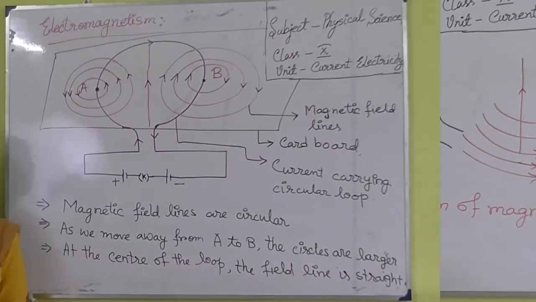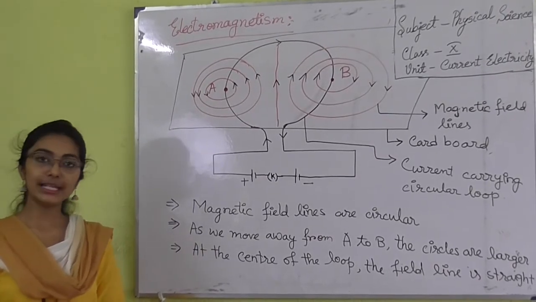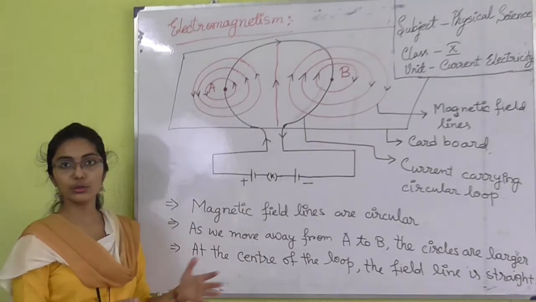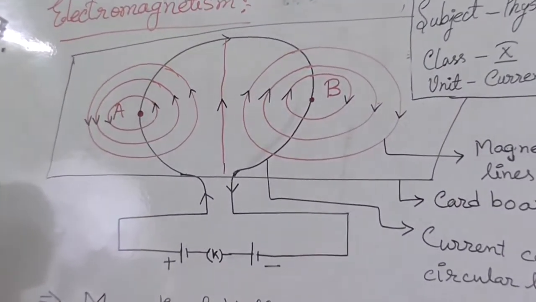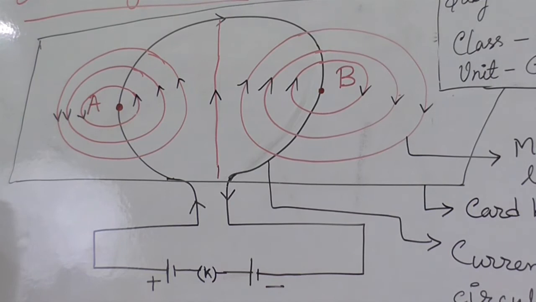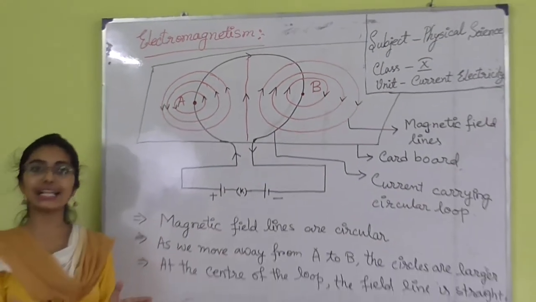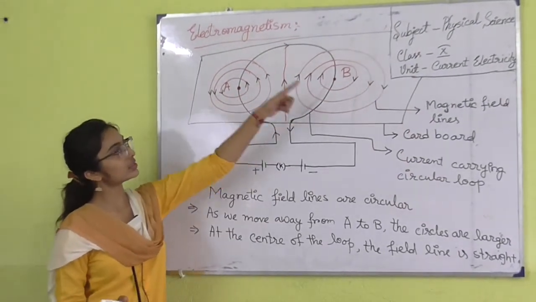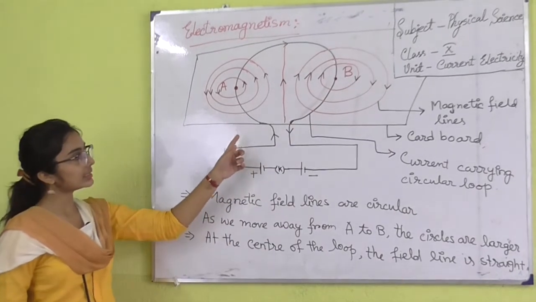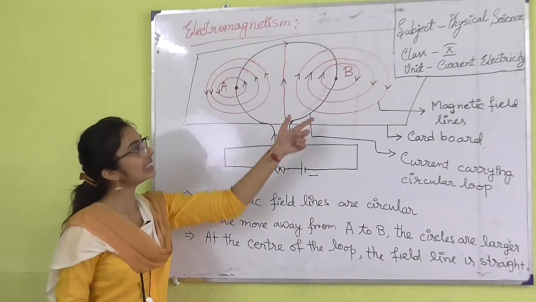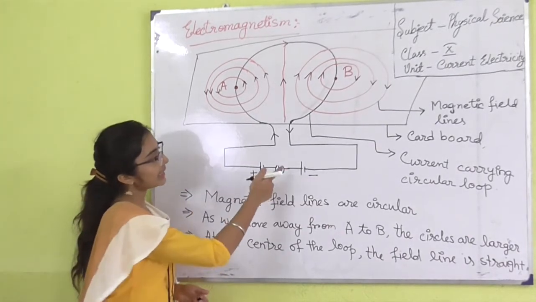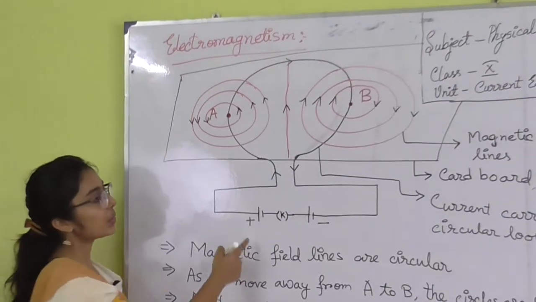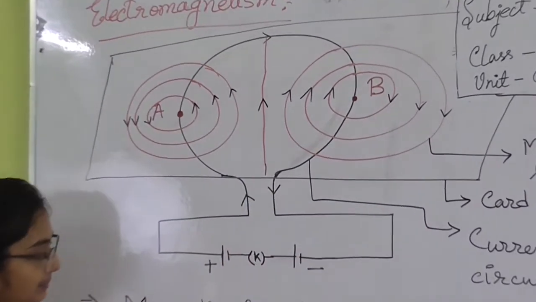We will now understand the nature of magnetic field lines of a current carrying loop. Suppose there is a conducting wire, bent in the form of a circle like this. So this is a loop actually. The conducting wire is bent in the form of a circular loop, and this is the battery, and the current is flowing from the positive to the negative side of the battery.